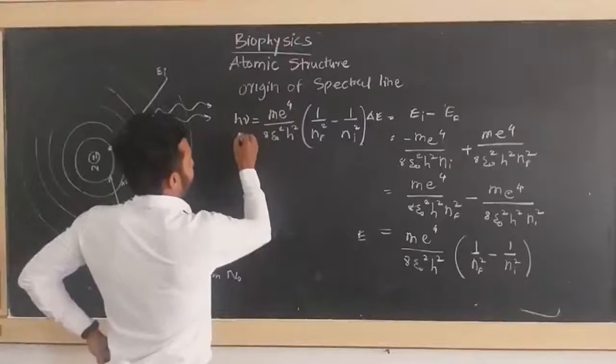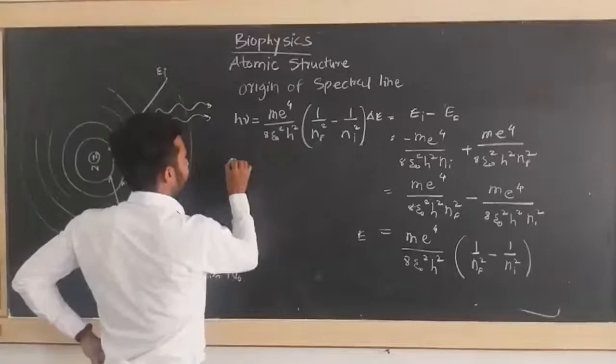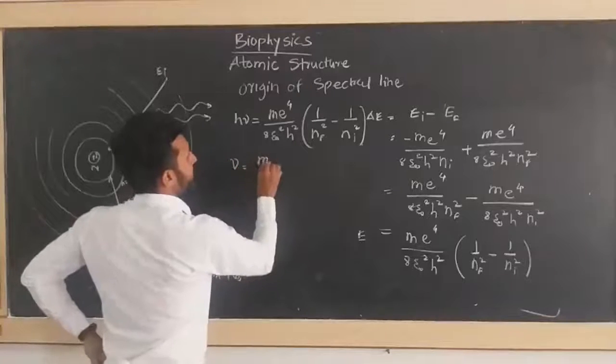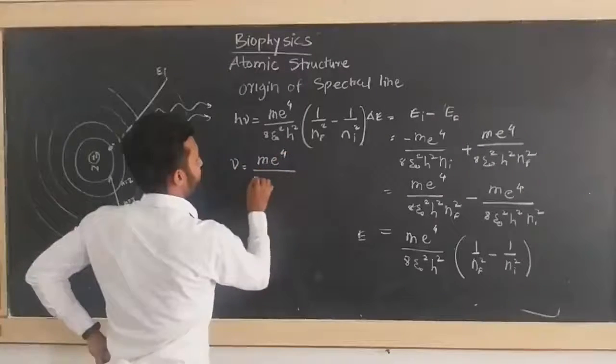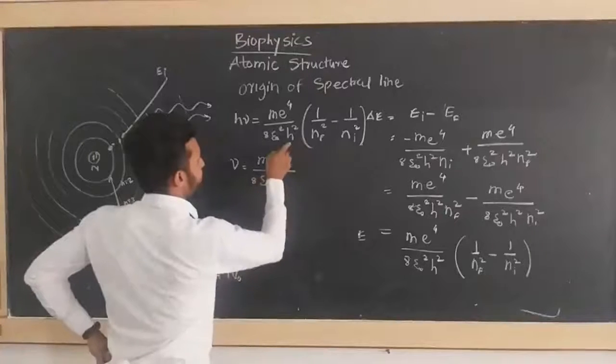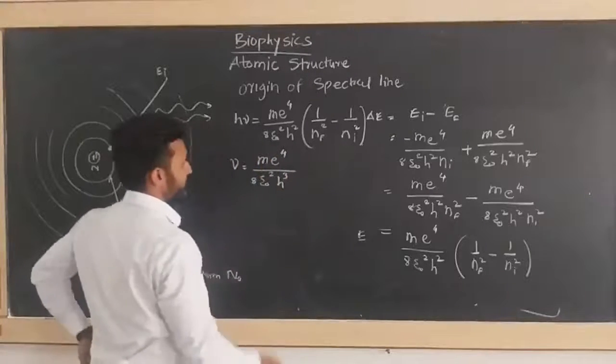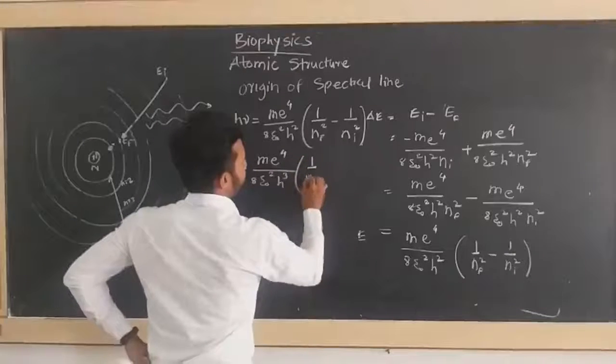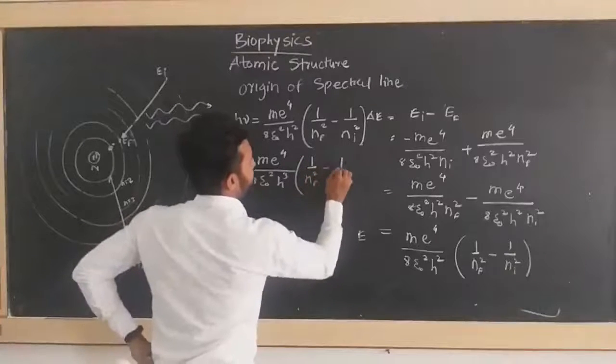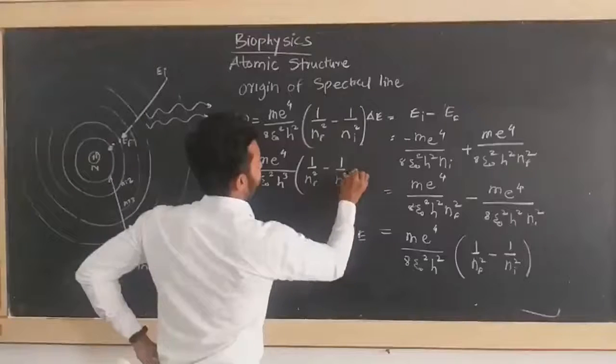Taking this h to this side, nu is equal to m e raised to 4 upon 8 epsilon naught square h cube times 1 upon n final square minus 1 upon n initial square.